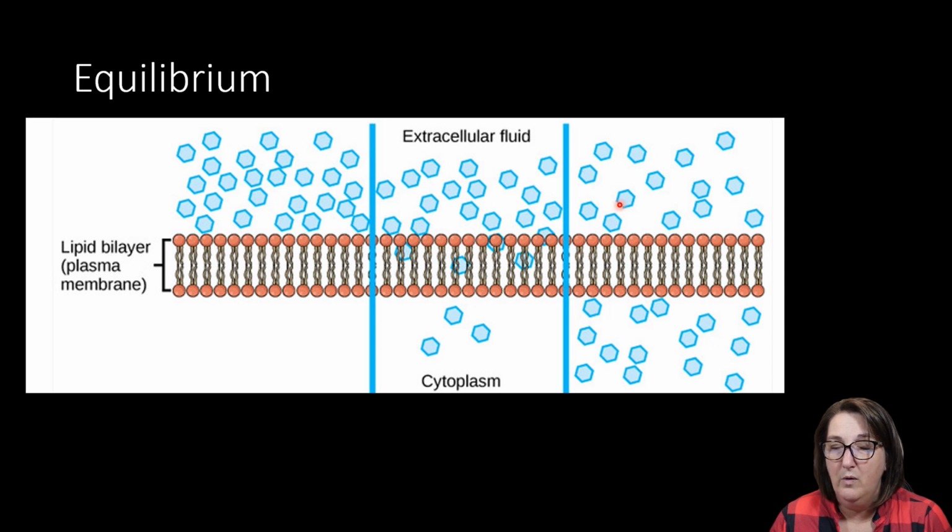Eventually, I'm going to get to the point where I have the same number of solutes, or the same number of these little molecules, on both sides of the membrane. When we hit that, we hit what's called equilibrium. When equilibrium happens, these molecules don't stop moving. They're constantly going back. If this one moves over here, one of these is going to go over. They're going to constantly be moving back and forth, but they're still going to be equal on both sides.